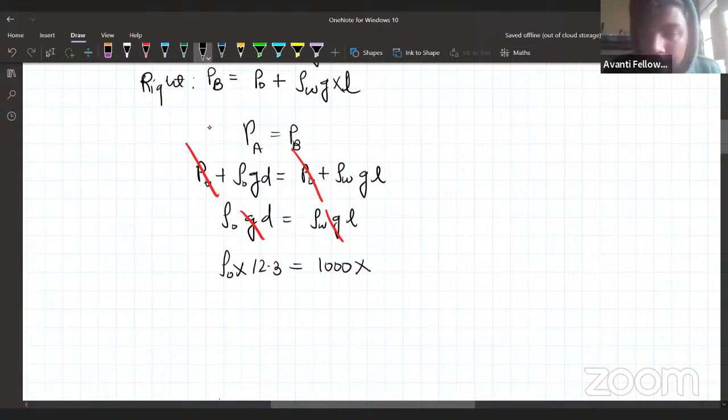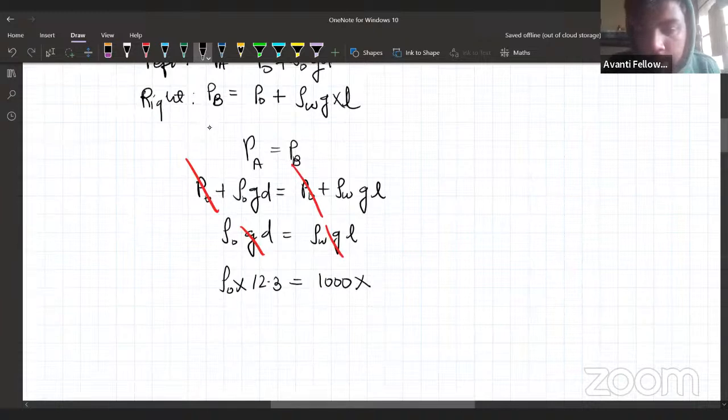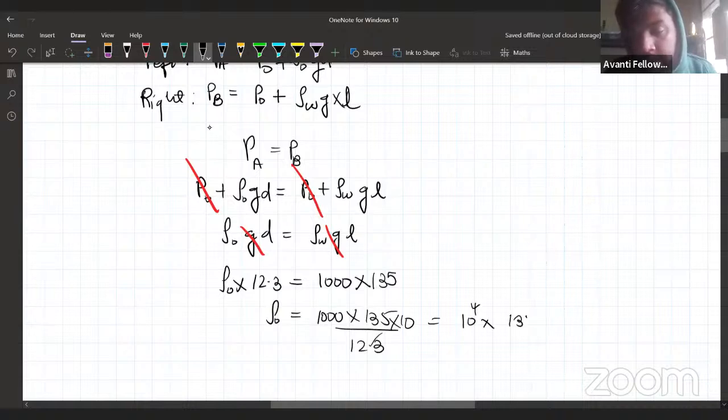Into length L, which is given as 135 millimeters. Just solve it, you'll get your answer. What will we get after solving? 1000 into 135 divided by 12.3. Removing the decimal point, this will give us 10 to the power 4 into 135 divided by 123.